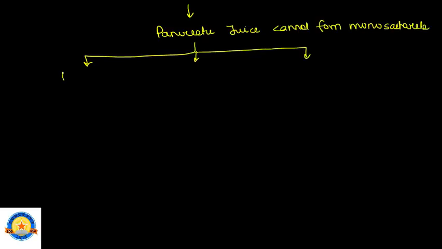It gives rise to maltose, alpha limit dextrin, and one more substance, maltotriose.